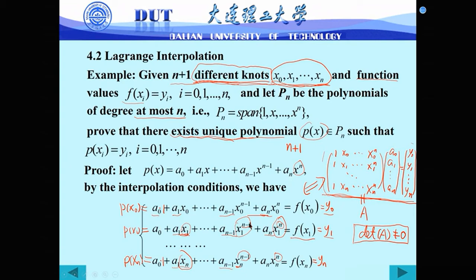Of course, we need to satisfy these interpolation conditions, P(xi) equal to yi, i from 0 to n. Before, we have learned the Lagrange interpolation or the Newton interpolation method. We have to solve this linear system.